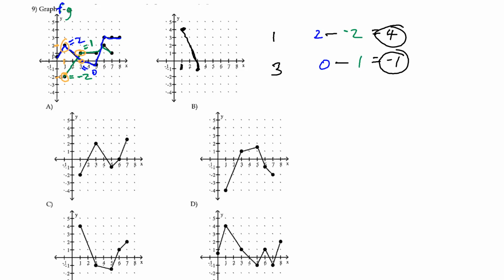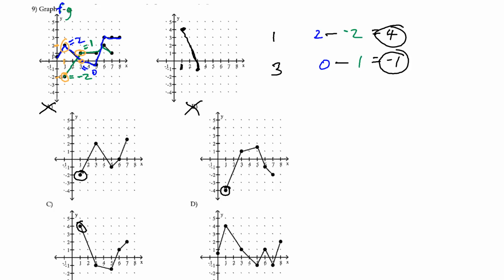But actually, this is enough for us to eliminate a few answer choices already. So A is clearly wrong because notice at 1, we have negative 2. B is also wrong because at 1, we have negative 4. C is a possibility because at 1, we have positive 4.